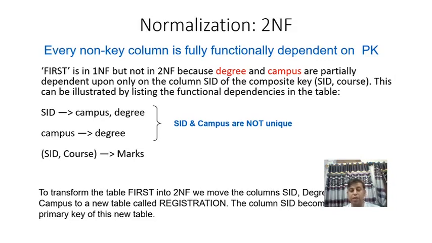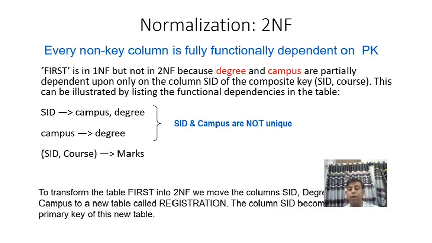This is the legitimate dependency. The dependency of campus and degree is not legitimate, and the dependence of degree on campus is also not legitimate. It is not allowed.